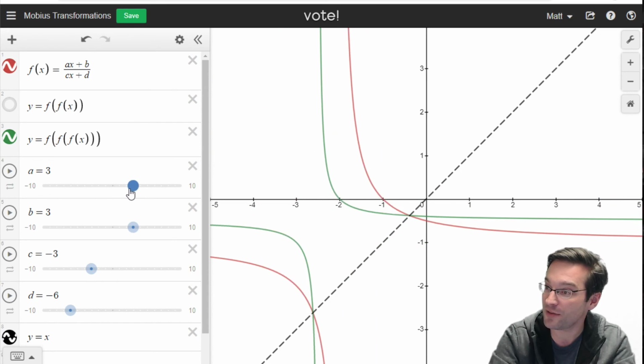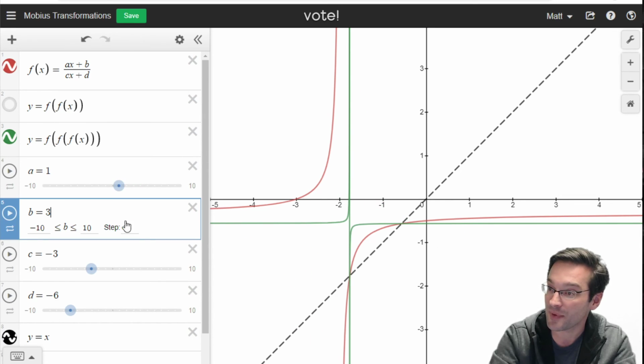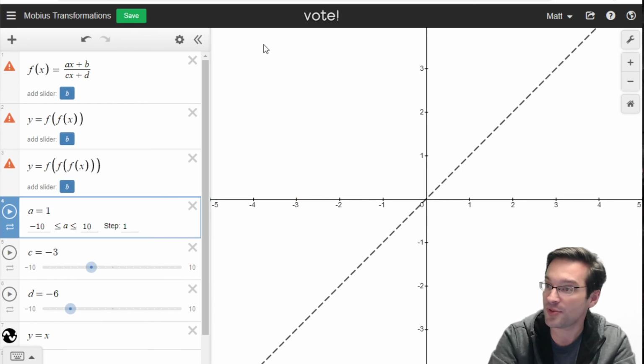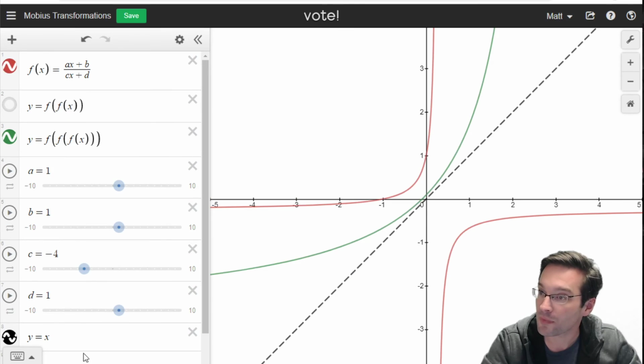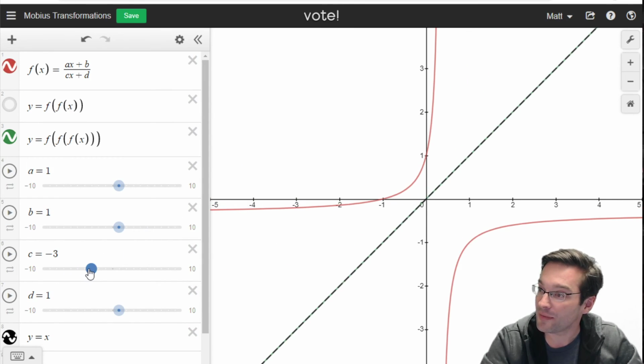Trying to get that green function to be exactly the y equals x line. And so there are some examples where we can find that f of x actually is the identity function, once again. So I have a functional cubed root of the identity.